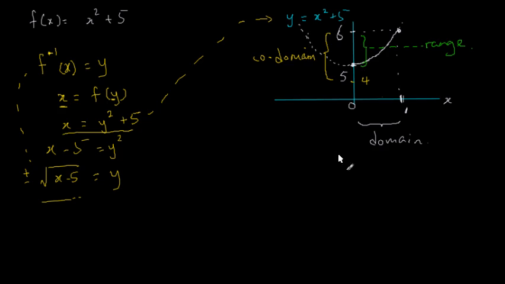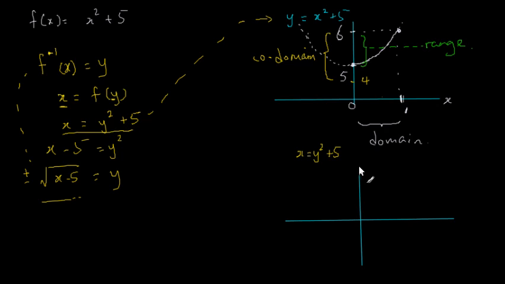Let's see what the graph would now look like. Remember that I want to exchange those two. So the y and the x exchange places, so that I get x equals y squared plus 5 instead.